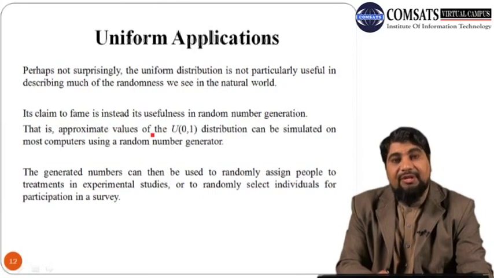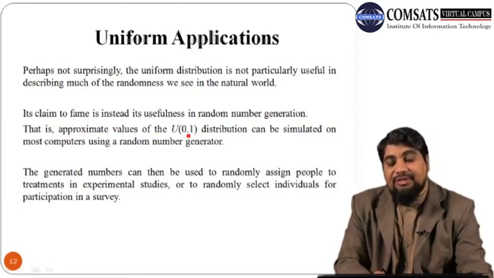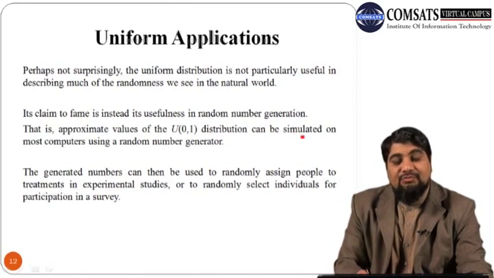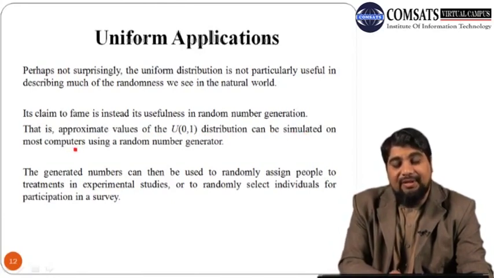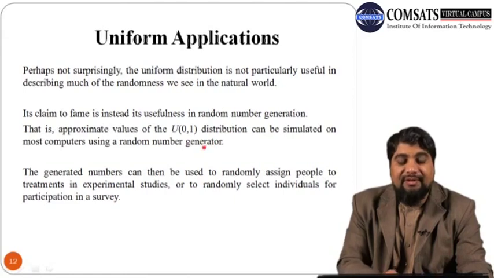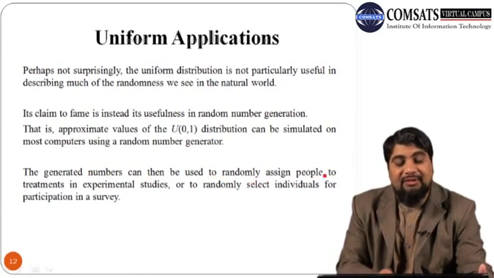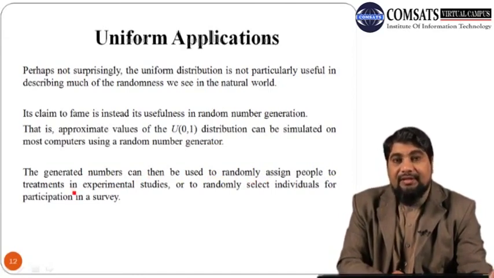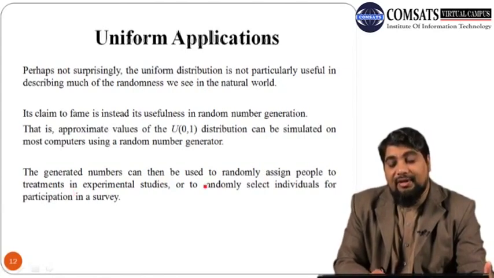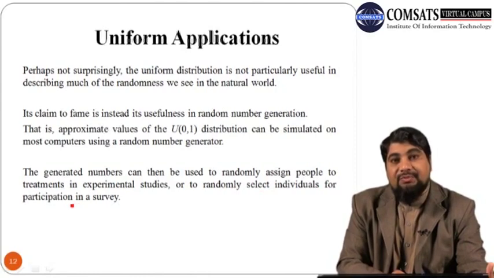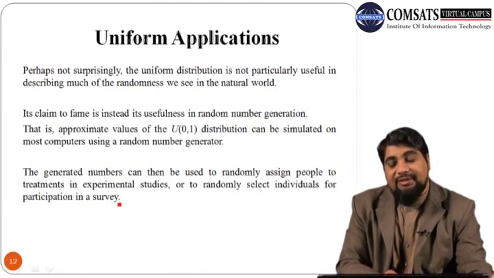That is, approximate values of the uniform distribution between 0 and 1 can be simulated on most computers using a random number generator. The generated numbers can then be used to randomly assign people to treatment groups or control groups in different experimental studies. Or we can also use the random numbers generated from the uniform distribution to randomly select individuals for participation in a particular survey.